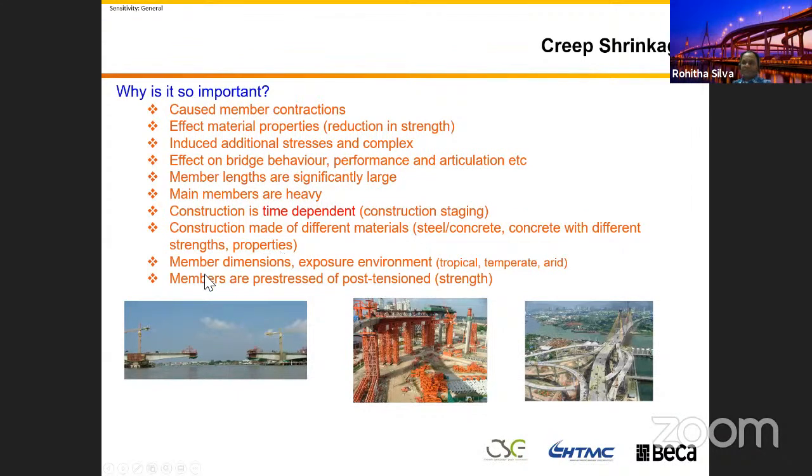composite construction. And the member dimension and the exposure environment are going to affect things, as I mentioned, along with the composition of the concrete and the area you're going to build. In Australia, we divide areas: up north is quite tropical, a place like Sydney is temperate, and the middle of the country is an arid environment.